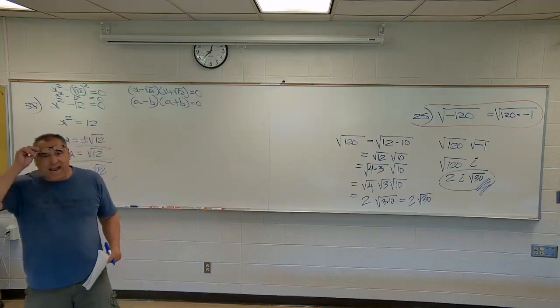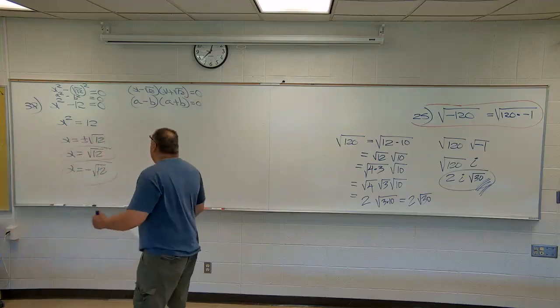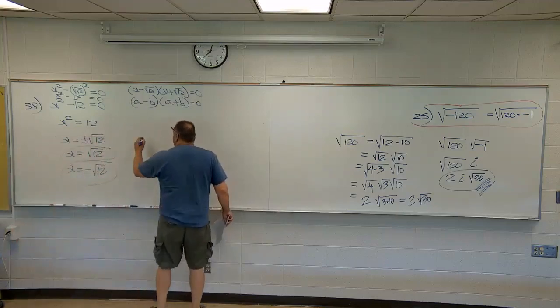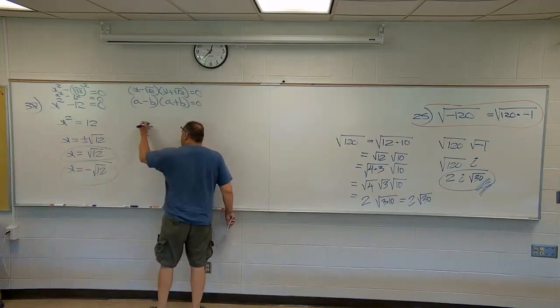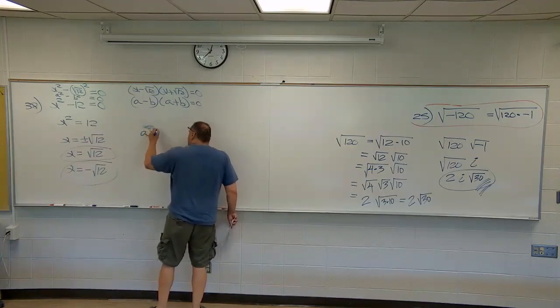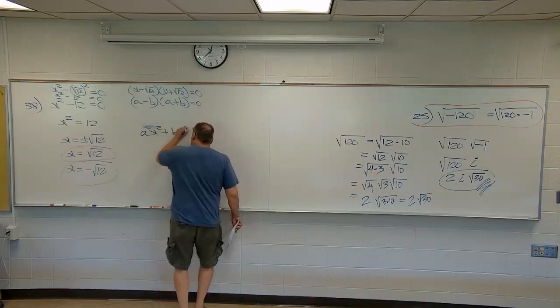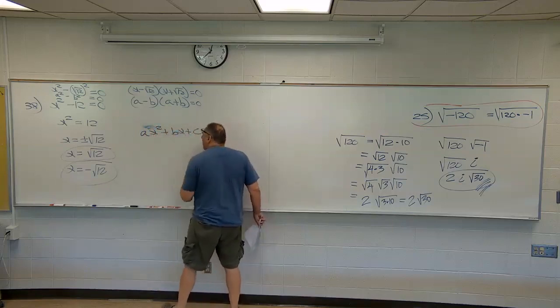Is there a way you could have gotten out of this thing? You could say ax squared plus bx plus c equals 0.